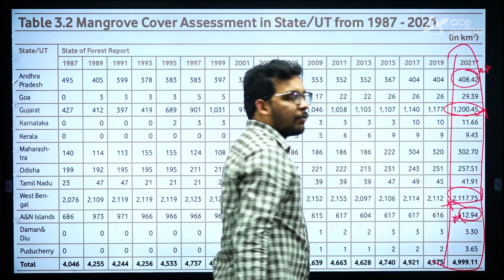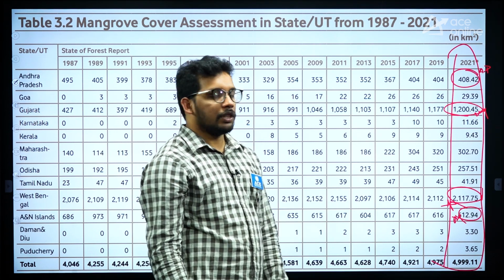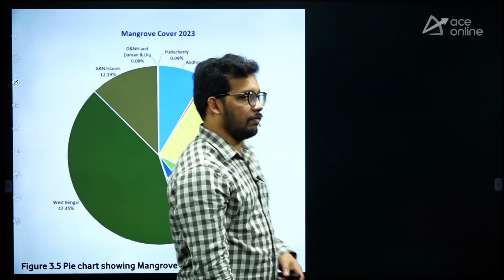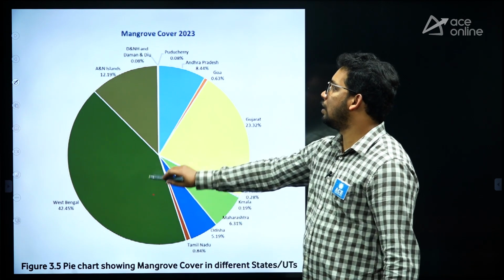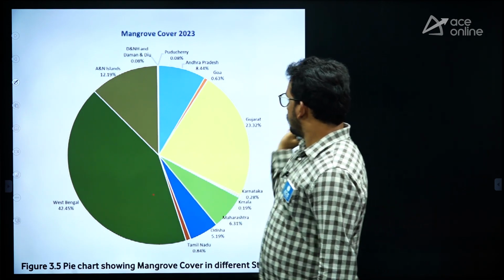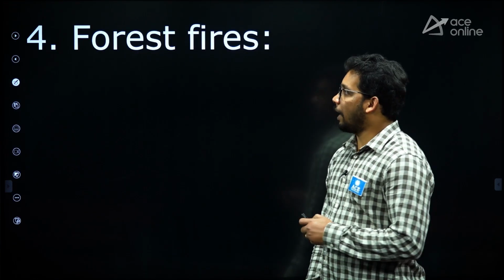So the top four states with mangrove cover you can remember: West Bengal, Gujarat, Andaman Nicobar, Andhra Pradesh, right? The same is represented in the pie chart as well. That is about the mangrove.